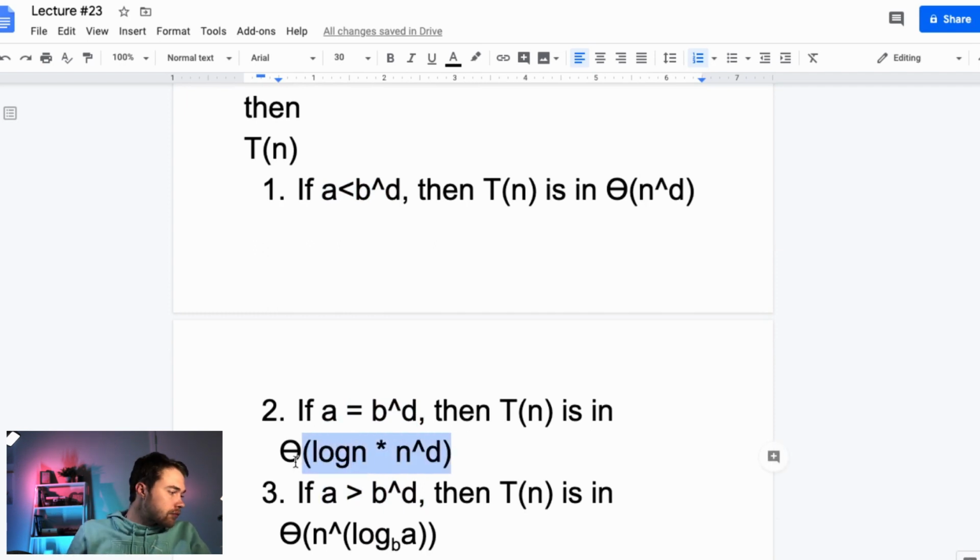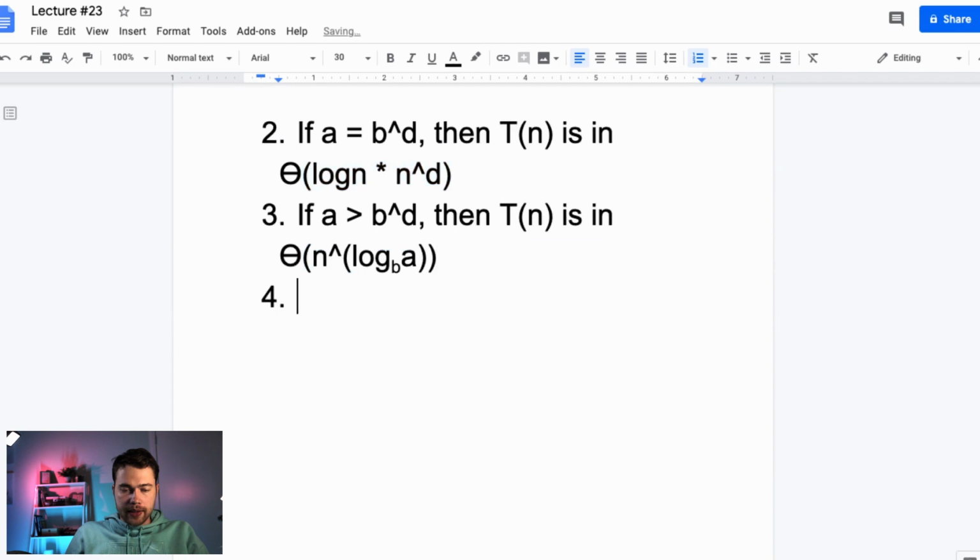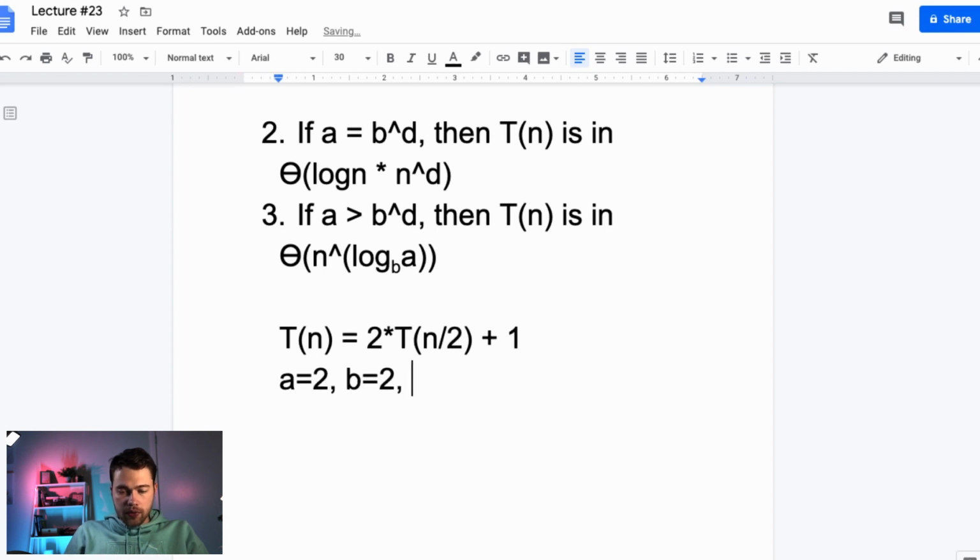For example, we're not talking about a specific algorithm, but let's say the recurrence looks like T of n is equal to 2 times T of n over 2 plus 1. In this case, a is equal to 2, b is equal to 2, and f of n is equal to n to the 0th power, which is equal to 1.